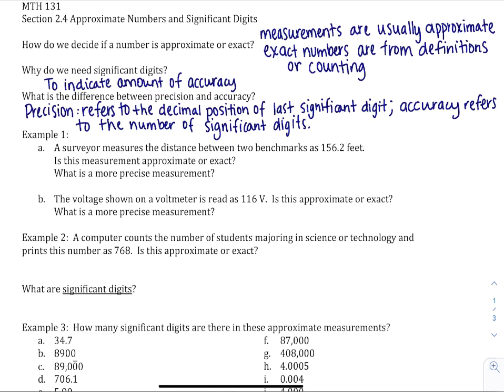In example 1, we want to determine if the measurement is approximate or exact. And the way that you determine if a number is approximate or exact is by looking at the way it was obtained. So here, a surveyor was measuring using some tool, which means that it's always going to be an approximate value whenever you are doing a measurement.